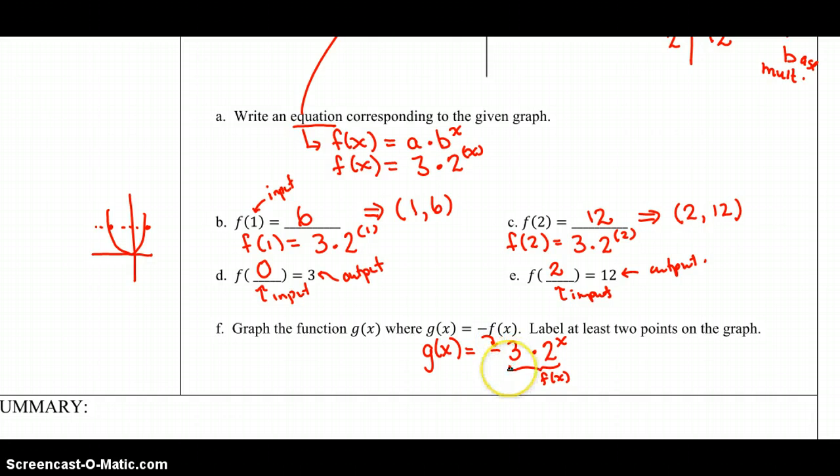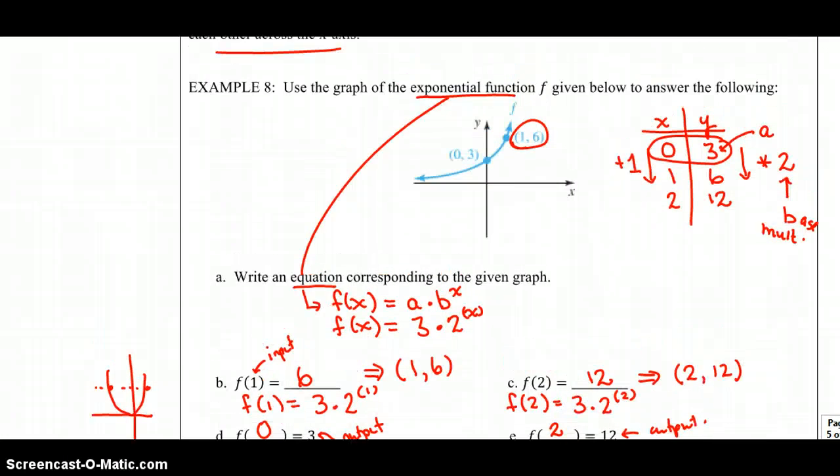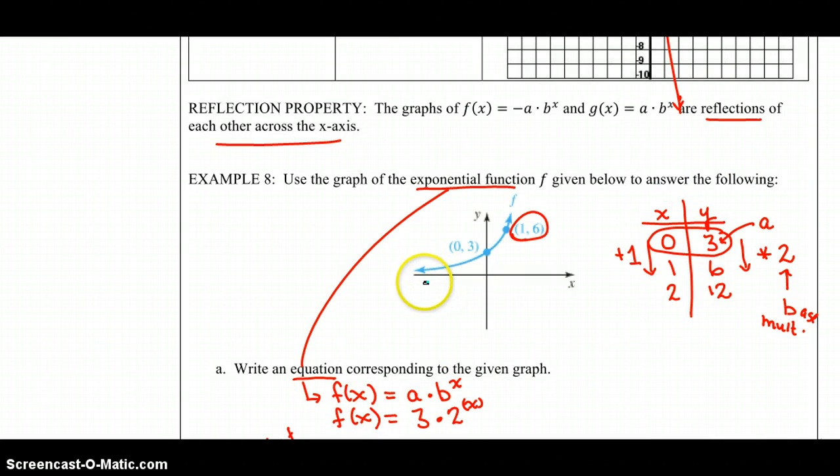So if we graph that, instead of at 0, 3, the outputs will change sign, so we'll have 0 and negative 3. For an input of 1, the output will change sign, and we'll have a point down here at 1, negative 6. And so we'll get this graph that looks like this, where again, it's a reflection over our x-axis.